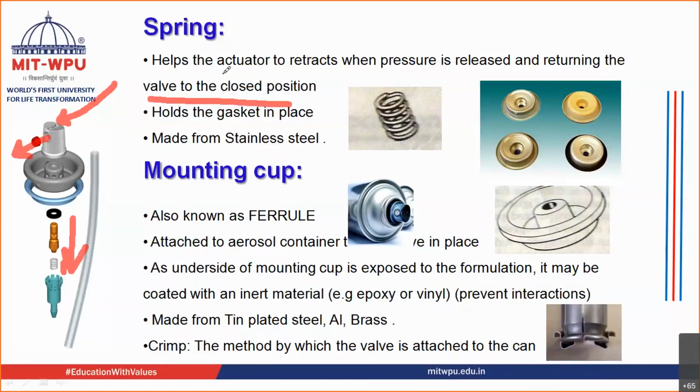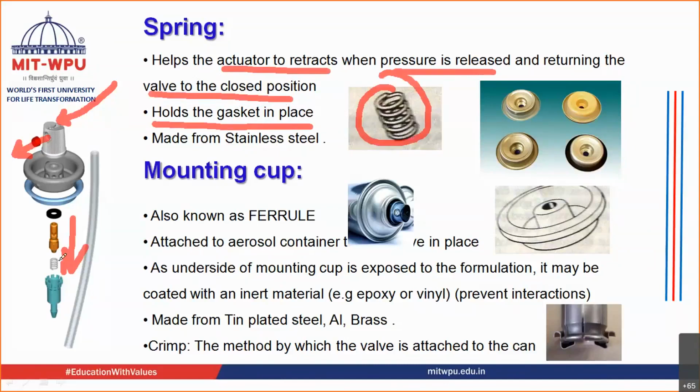So it helps the actuator to retract and go to its original position once the pressure is released, and then the valve is closed. So the valve moves to the closed position, which is its original position. It also holds the gasket, which you have seen earlier, in place. So this is the spring.